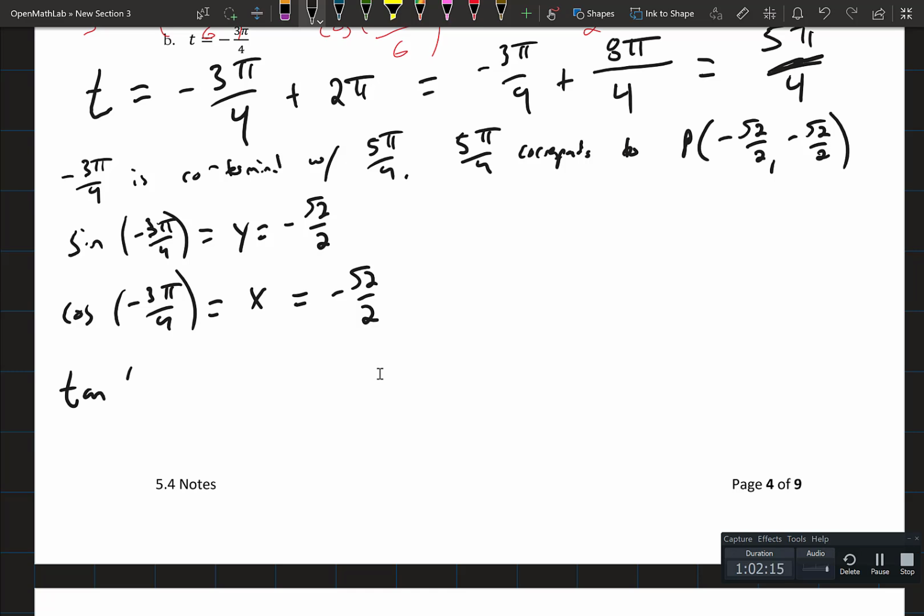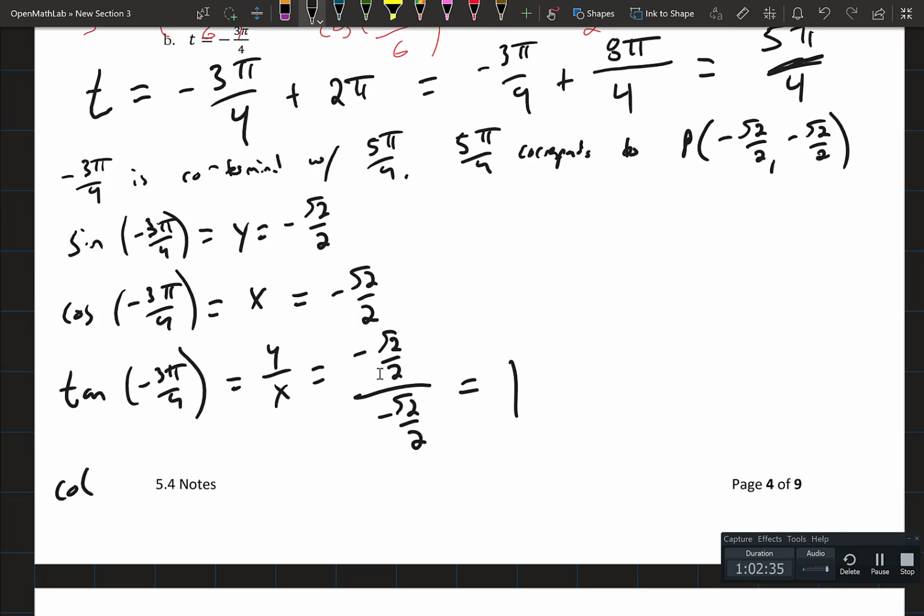Tangent of negative 3 pi over 4 is going to be equal to y over x, which is negative radical 2 over 2 divided by negative radical 2 over 2. So notice I have the same thing in numerator and denominator. If I take the same number divided by the same number, I get just 1. So that means that cotangent of negative 3 pi over 4 is also equal to 1, because the multiplicative inverse of 1 is just 1.